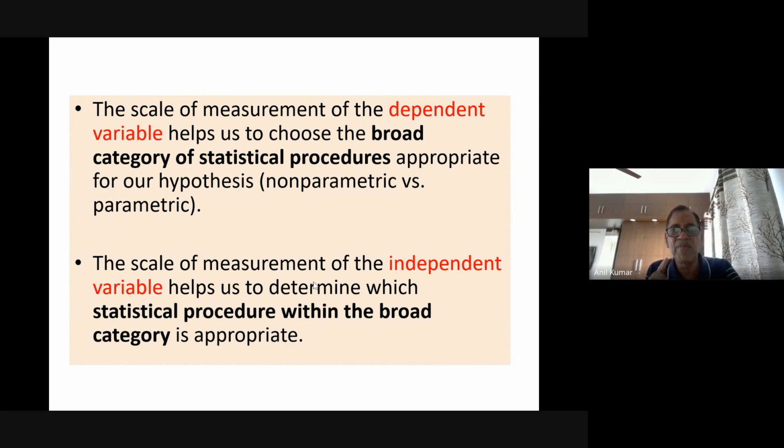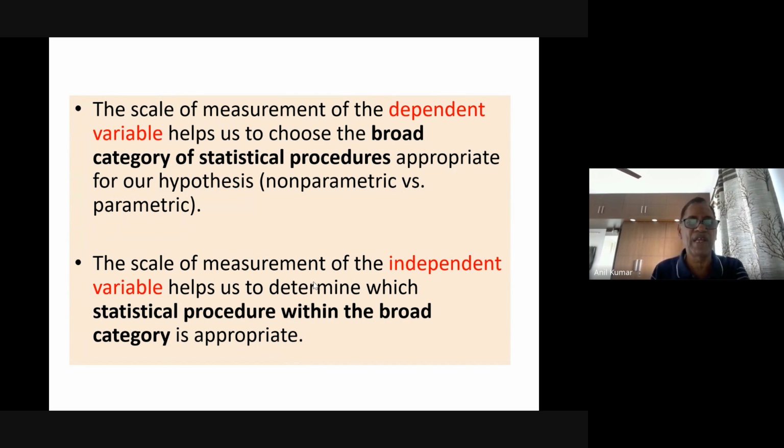So, scale of measurement: how should we decide? The question is whether we should go for a parametric test or a non-parametric test. I have already mentioned that four types of scales of measurement are there, and depending upon whether we have ratio, nominal, ordinal, or interval, we can decide whether to use parametric or non-parametric.